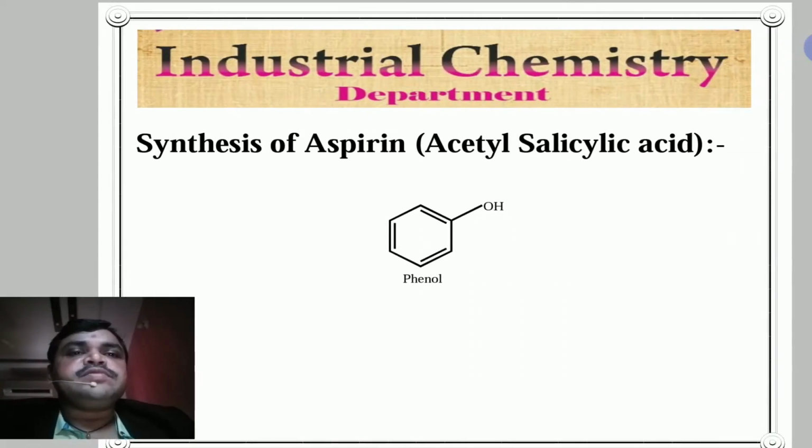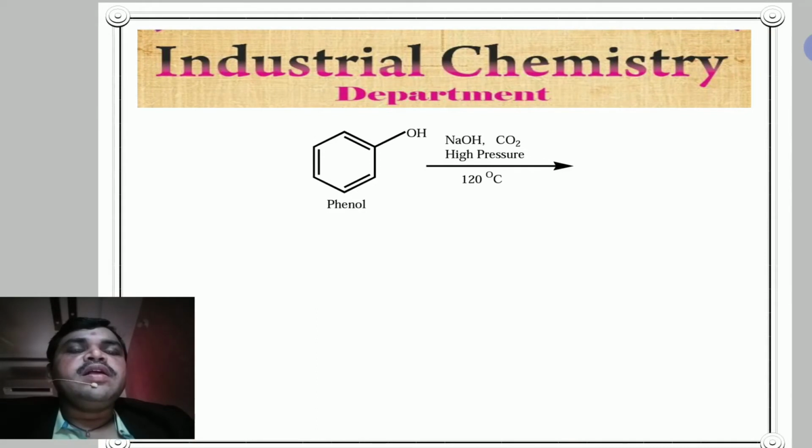Now, the second component, aspirin. It is also known as acetyl salicylic acid. It is synthesized from phenol. Phenol is treated with sodium hydroxide, NaOH, under high pressure.